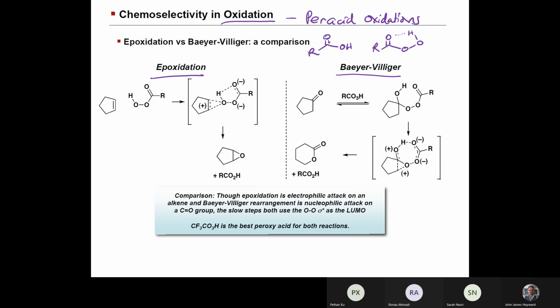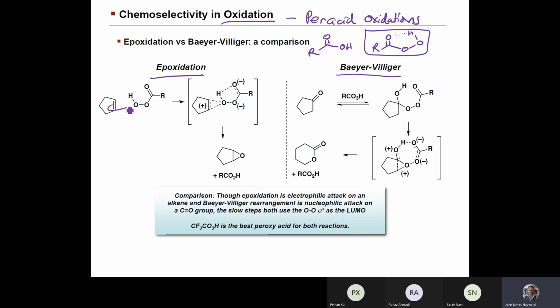Now, the way that you often see per acids drawn is the way that I've drawn them here. Okay, they have an intramolecular hydrogen bond that makes them have this kind of ring-like structure. And when you're showing an epoxidation, that is actually very important because you get a bicyclic transition state that's often referred to as being like a butterfly. I don't quite see it personally, but sure.